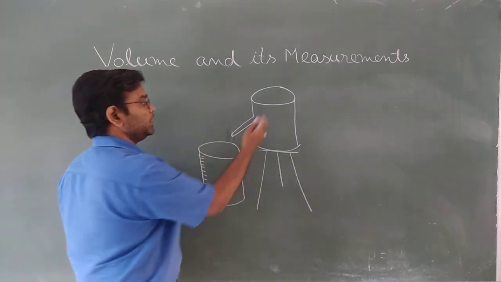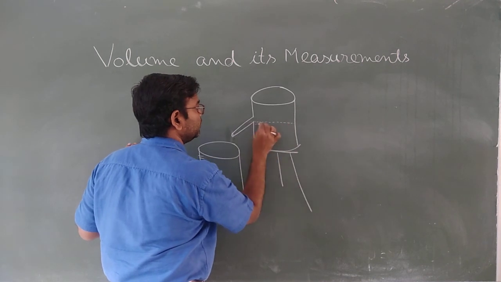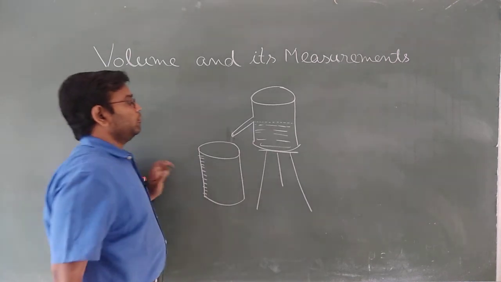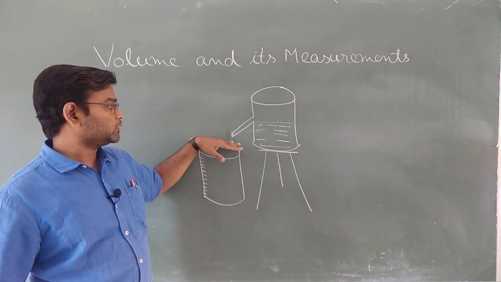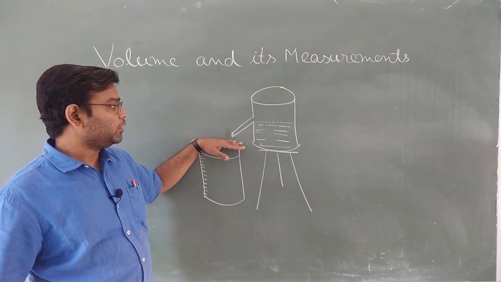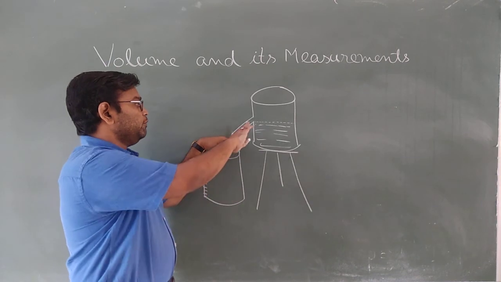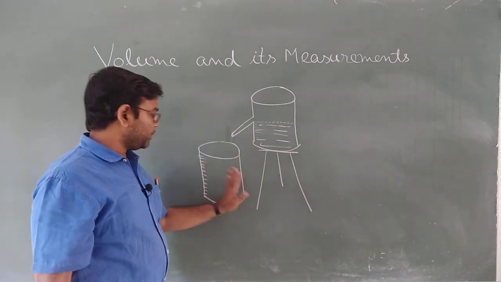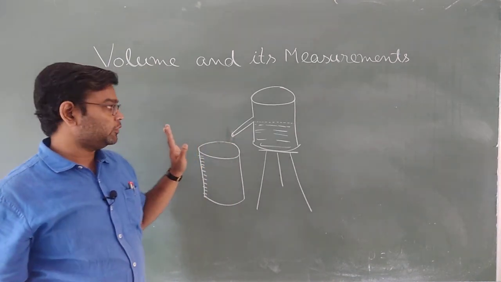Now fill the overflow jar just up to the level so that water cannot fall from this side. As a precaution, first fill the overflow jar and leave it for some time so that excess water comes out. Then place the cylinder under the opening of the overflow jar.